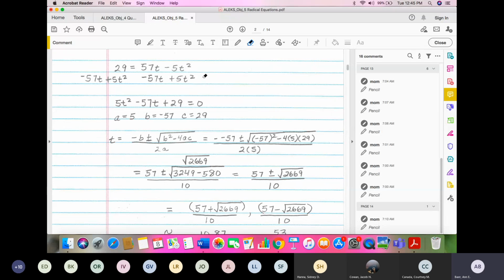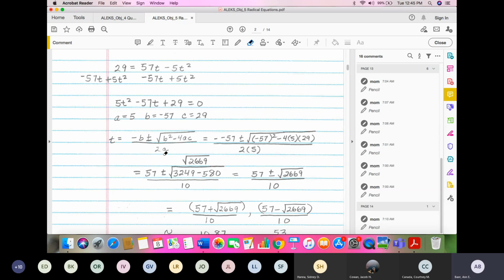Now, it may seem like more work at first to move these guys. I want a positive leading coefficient, and the leading coefficient is the number in front of t squared, t to the highest power. I do not like to work the quadratic formula with a negative a. Why not?